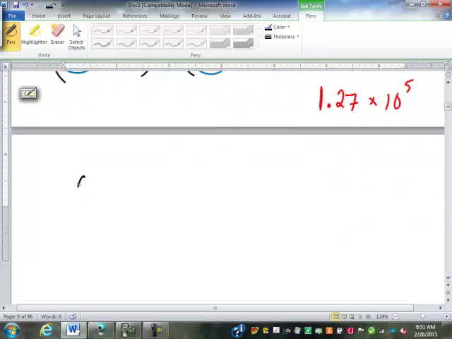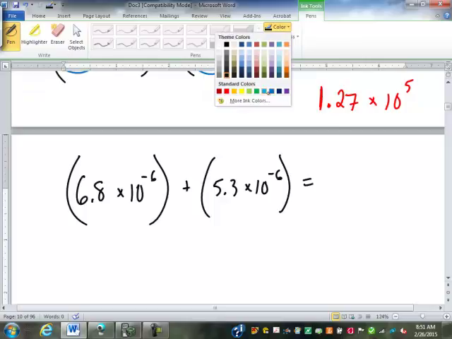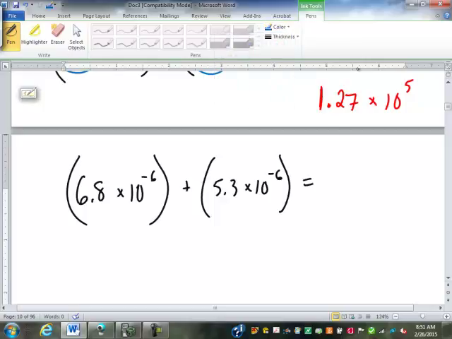So we might have 6.8 times 10 to the negative 6th plus 5.3 times 10 to the negative 6th. So we go to add these. Do we have the same name? Yes, we do. 10 to the negative 6th.